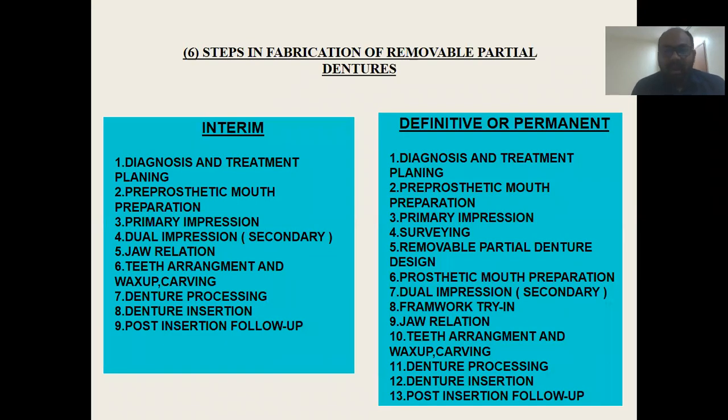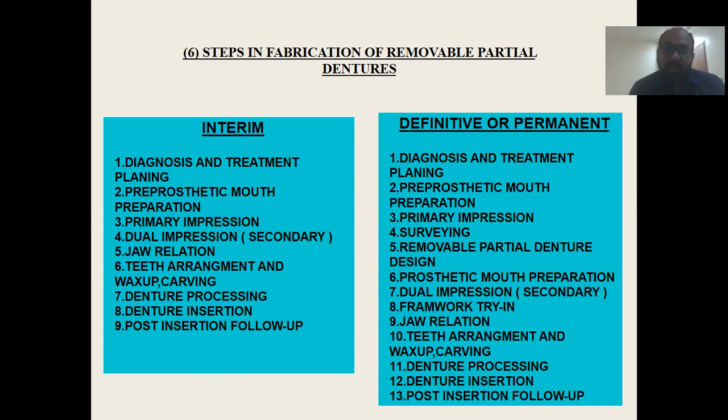If you compare again, as I said earlier, the treatment steps involving interim and definitive or permanent cast partial dentures, you see additional steps involved with a definitive or permanent cast partial prosthesis. The additional steps, if you see to the right side of the slide, include surveying, which is very important, which we usually forego when we fabricate an interim prosthesis.